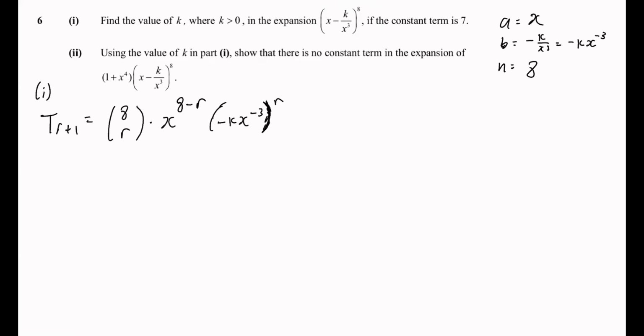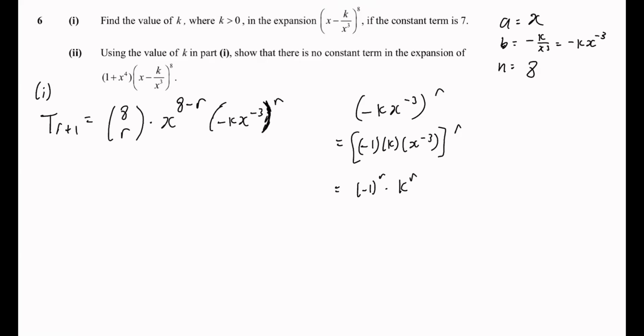Now you need to simplify this part. Negative k x power negative 3, power r, I'm going to rewrite it as negative 1 times k times x power negative 3, whole thing power r. What we'll have is negative 1 power r times k power r times x power negative 3r.